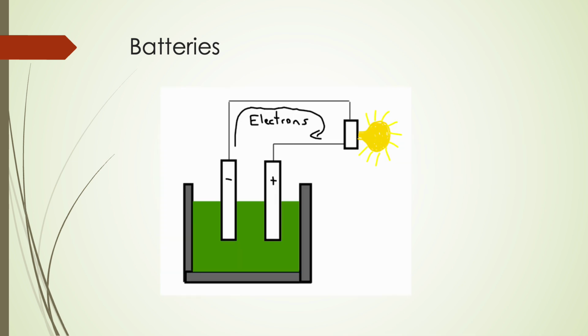For example, here is an example of a liquid battery. We have essentially an anode and cathode, which are our terminals which go into our liquid solution. Our electrons travel from our negative terminal through our circuit, powering whatever we have, to our positive.